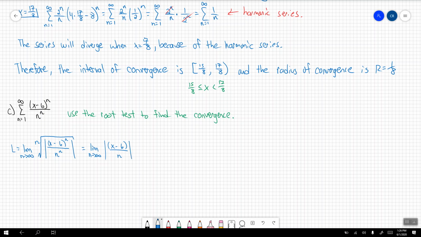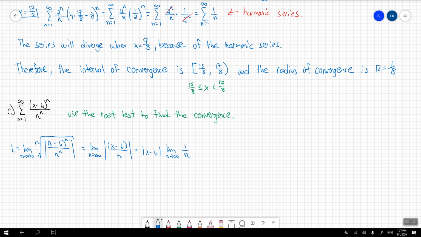Now, all I have to do is figure out what is a constant and what is not a constant with respect to this limit. x minus 6 is a constant, so I'm going to keep the absolute value of x minus 6 out here, and this multiplies the limit as n tends to infinity of 1 over n. I'm dropping the absolute value here because 1 over n is positive for all values greater than or equal to 1.